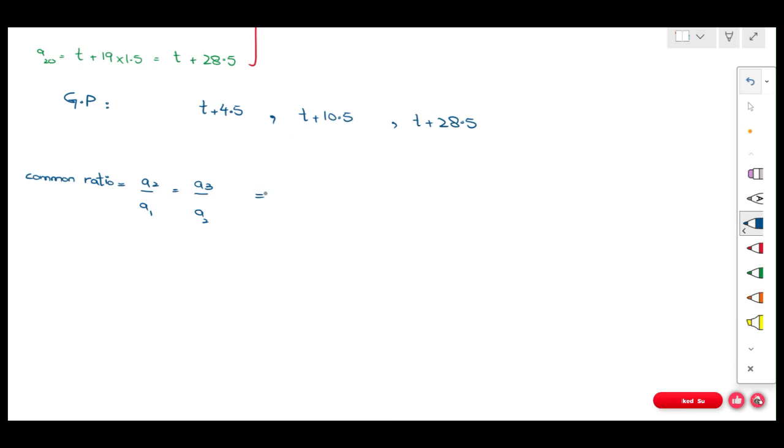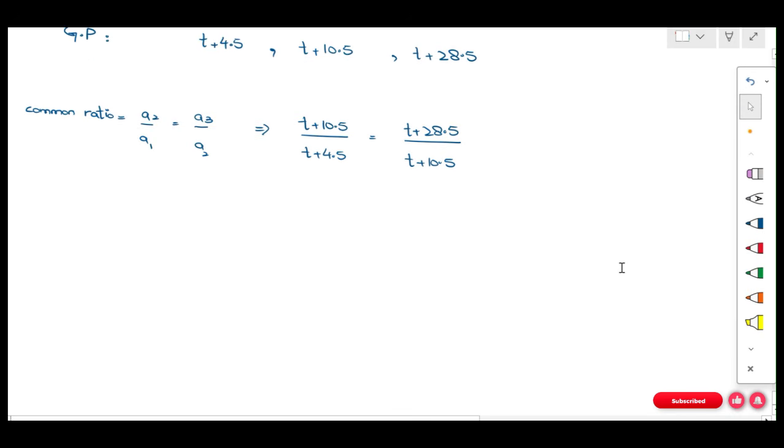So t plus 10.5 divided by t plus 4.5 should equal t plus 28.5 divided by t plus 10.5. Second over first, third over second, they are equal. Now we can use this and solve for t.